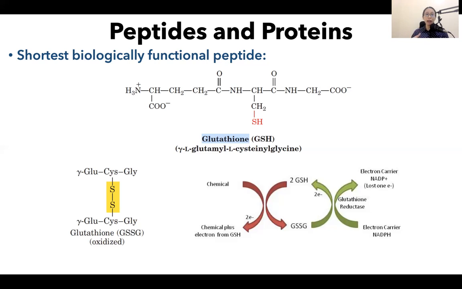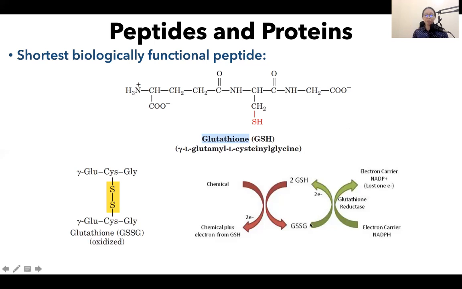So the body has its naturally synthesized glutathione, and the glutathione are the sacrificial molecules. So they are the ones that get oxidized instead of your biomolecules. So this oxidation of your glutathione prevents the oxidation of other biomolecules. That is why it's called an antioxidant.